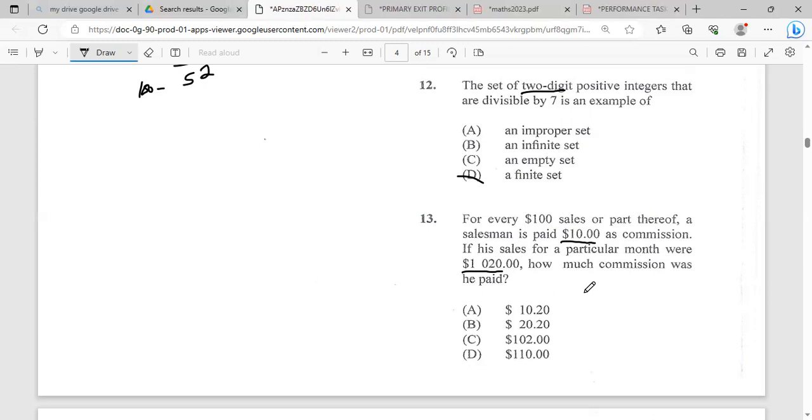So basically, how many 100s are in this? We need to know that, right? And that would be 10. So basically, guys, you would have 100 in this, right?